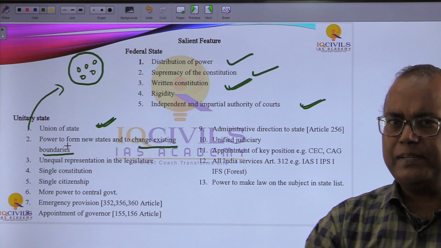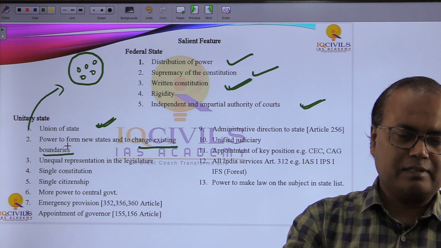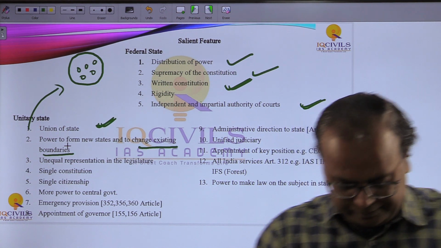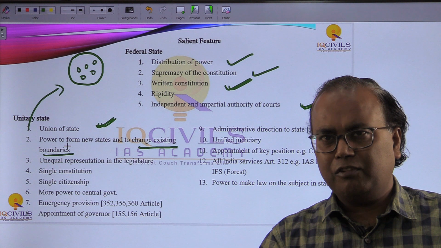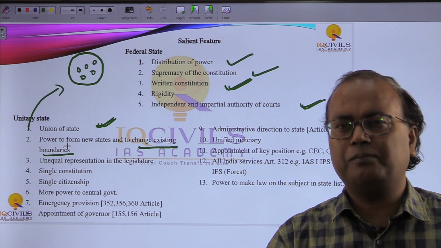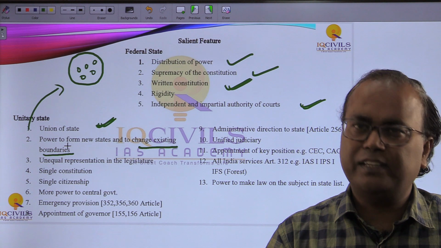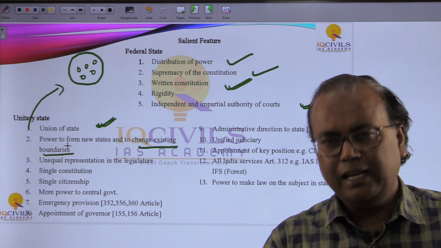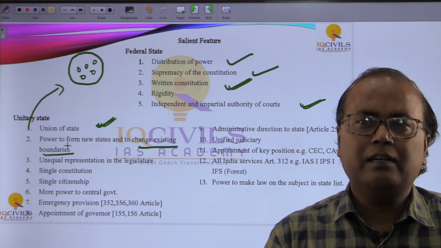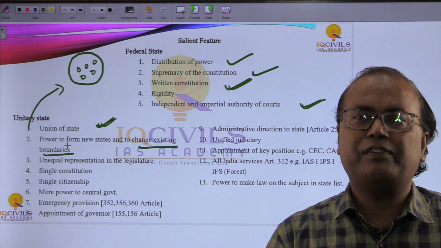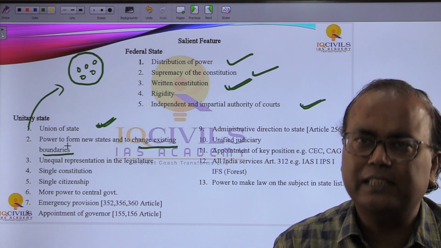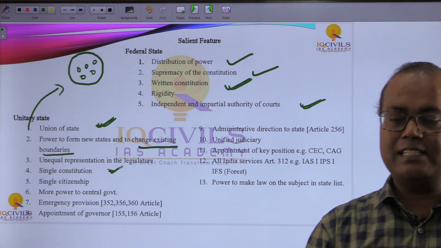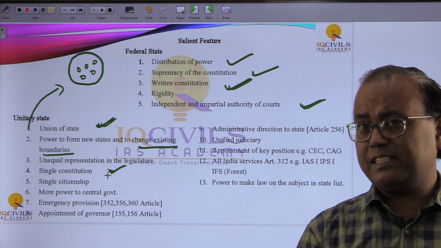So, unequal representation in the central legislature. Take the example of Rajya Sabha. We have different numbers of representatives from the different states, but in the United States we have 100 members, 2 members from each state, and 50 states are there, so 50 into 2, that is 100 members. Then we have a single citizenship, but in a true federation we have dual citizenship.